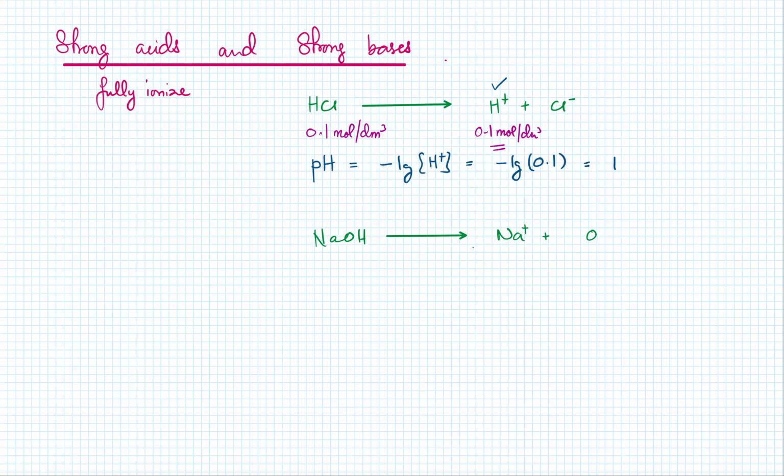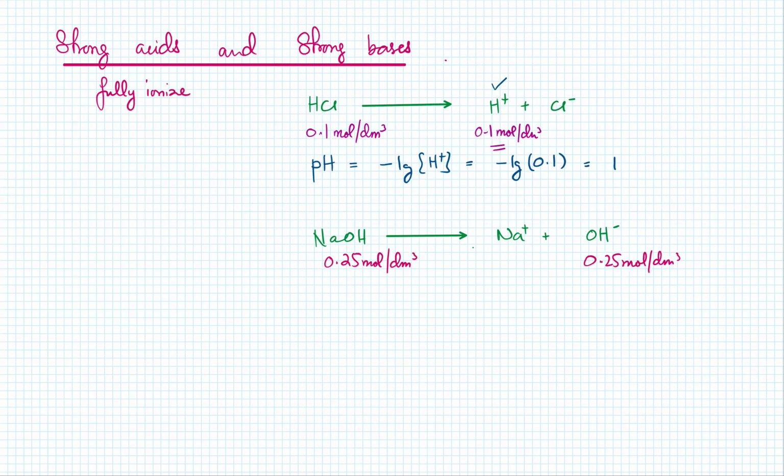So it almost completely ionizes and produces Na plus. Let's pick another value, 0.25 mole per dm cubed. Now you would have to use a calculator to figure out log. I don't care about the Na plus ions. The amount of OH ions would be 0.25 mole per dm cubed as well.